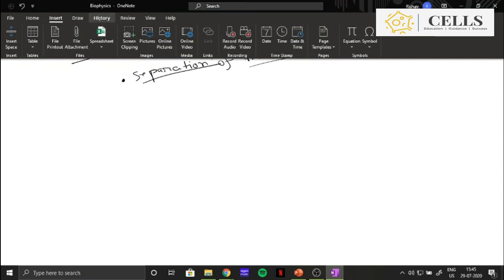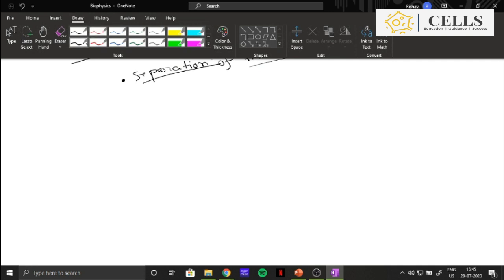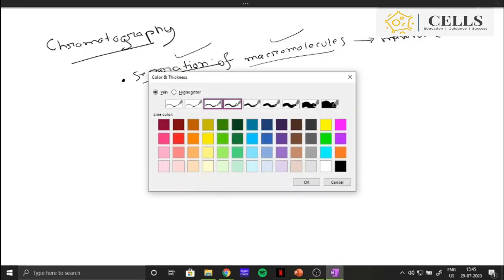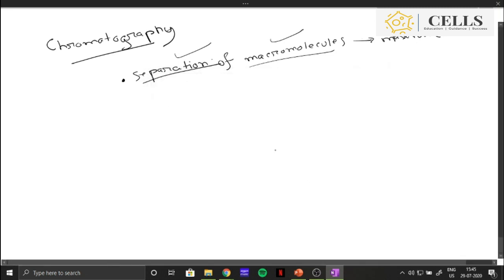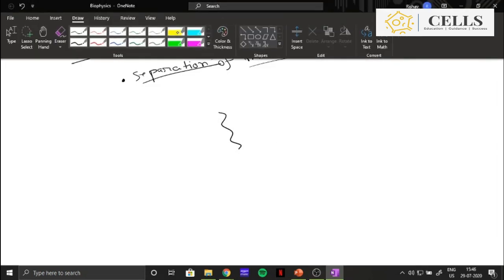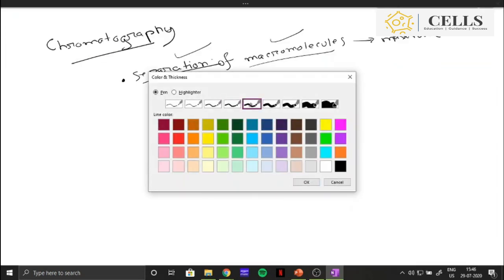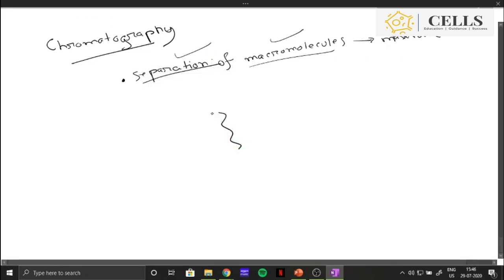Okay, so just a second. I don't know, color and thickness. Get a thick. Is it okay now? I'll take a thicker ink. This is perfect. Yeah, perfect, fine.